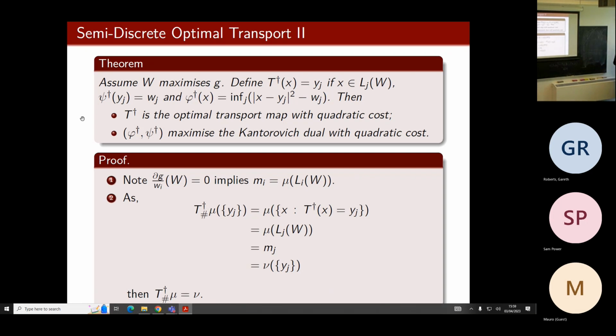I've perhaps gone a little bit too quickly, but I think the equality should follow exactly just from the definition.